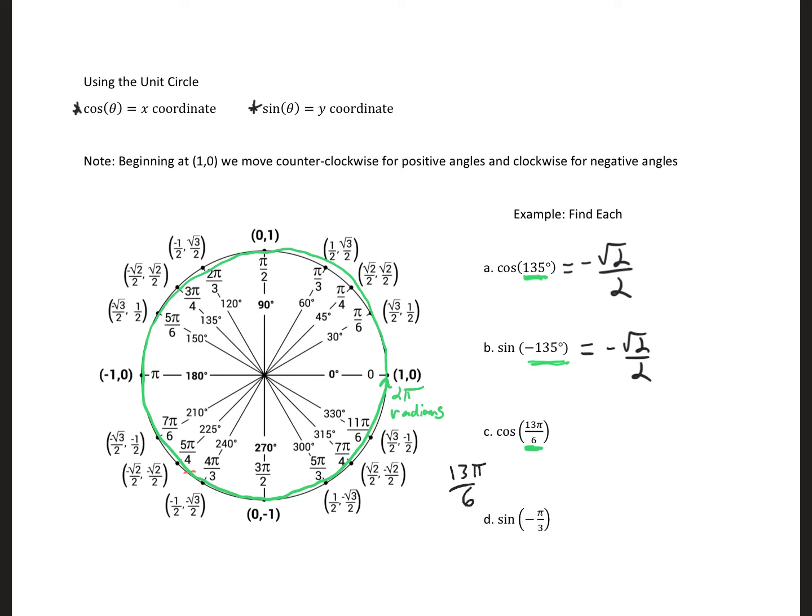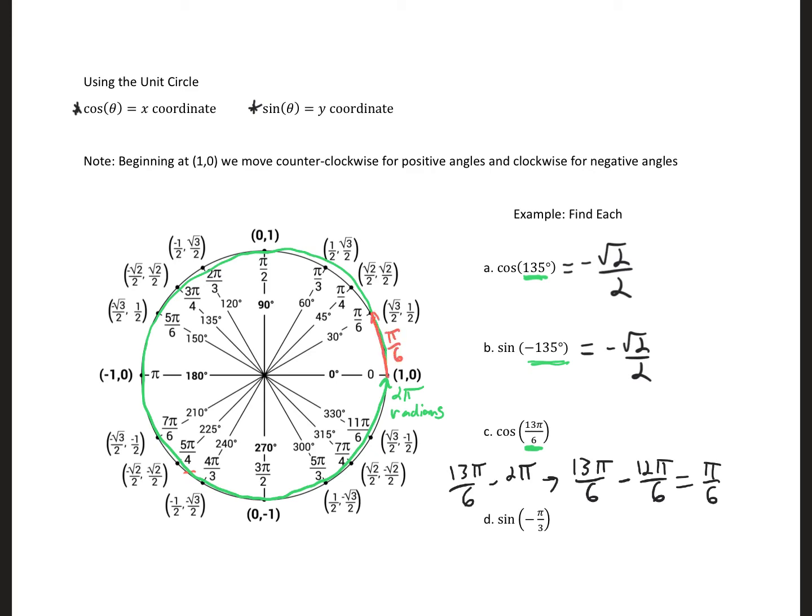13 pi over 6, if I tried to subtract 2 pi away from that, that'd be the same thing as 13 pi over 6 minus 12 pi over 6. Is pi over 6. So I actually need to go 2 pi around plus an additional pi over 6.